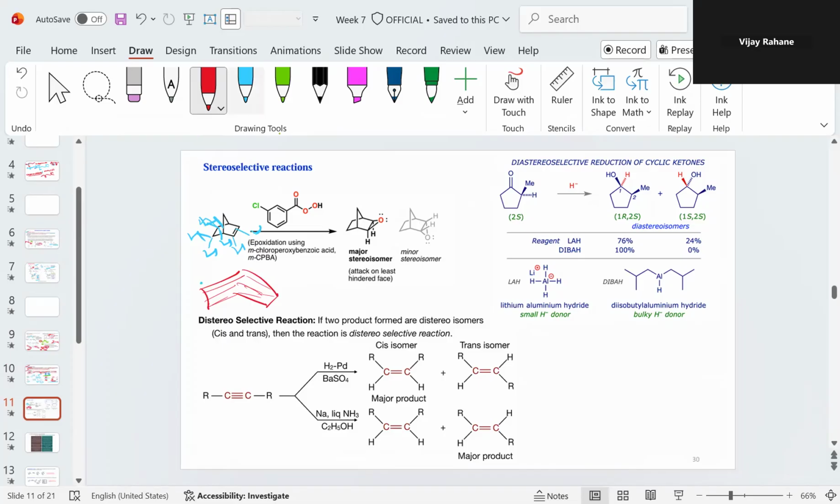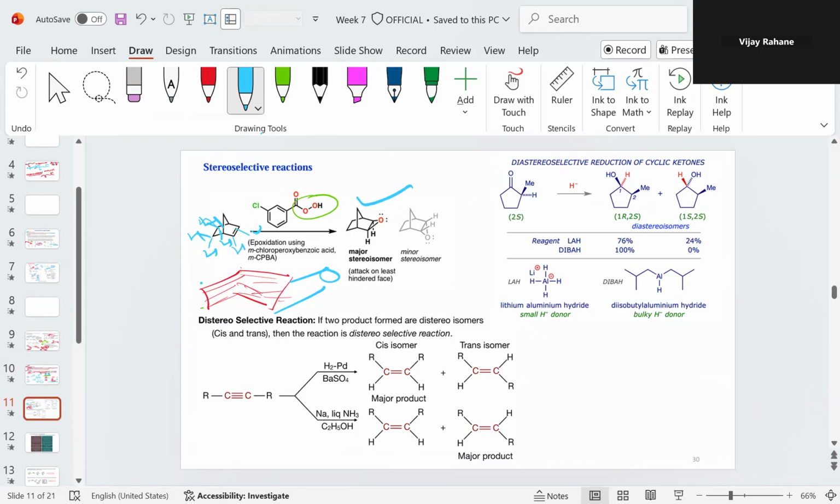And if you try to attack this epoxide from the bottom side, there will be a steric crowd because of this concave plane. So the attack always takes place from the convex plane. In this case, the epoxide attack will be from this side, and therefore we are getting this exo-directing product as a major product.